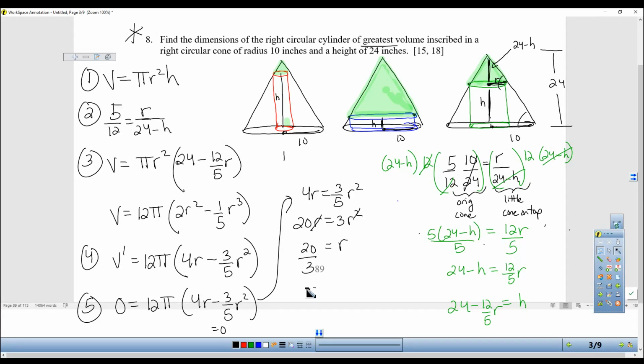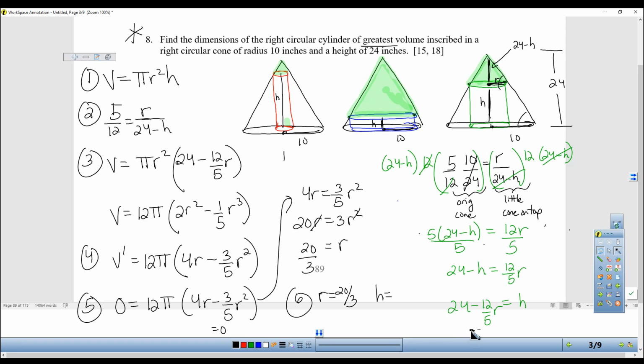The question, remember step 6, what is the question? Find the dimensions. So this was good. I needed the dimensions. I don't actually want the volume, but I also need the height. So this cylinder is going to have a radius of 20 over 3, and its height, how am I going to get that?